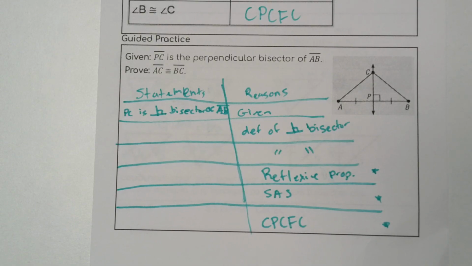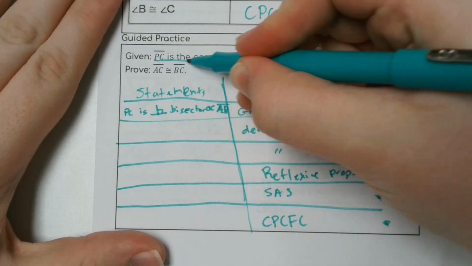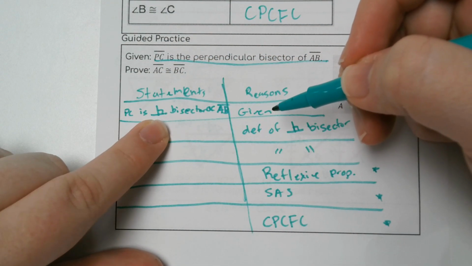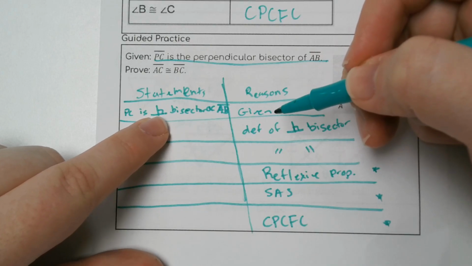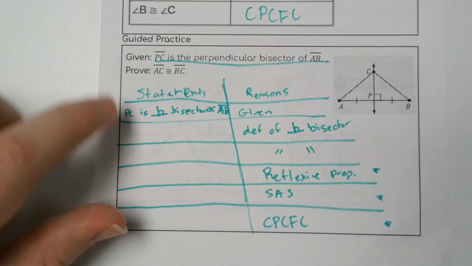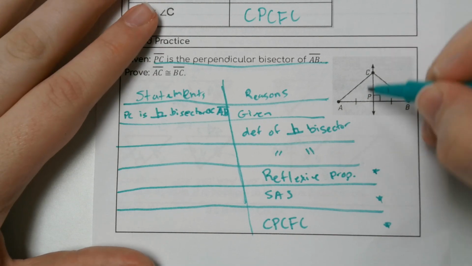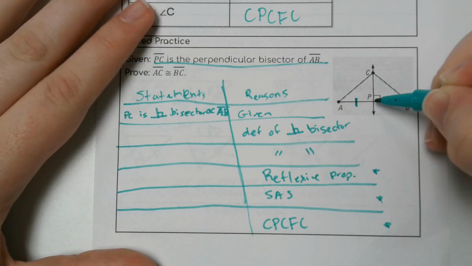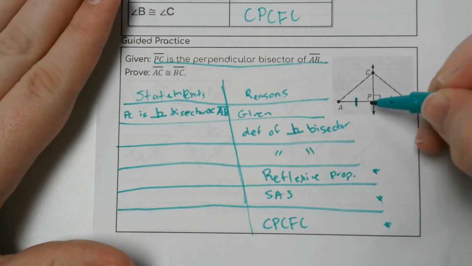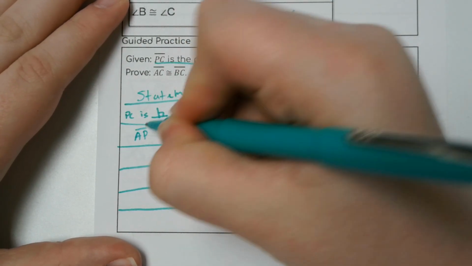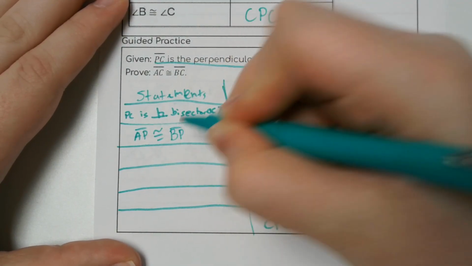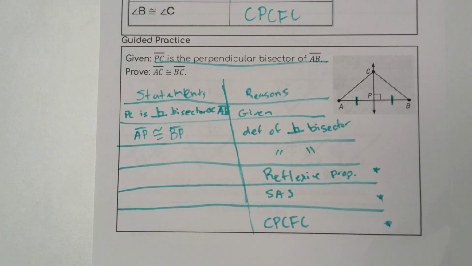So, the first thing is given to us up here. Okay, this is the perpendicular bisector. Perpendicular can be used as this symbol. Okay, that shows a 90-degree angle. Okay, so due to the definition of perpendicular bisector, it means that these two sides, remember, are cut in half. So AP is congruent to BP because of the definition of bisector.